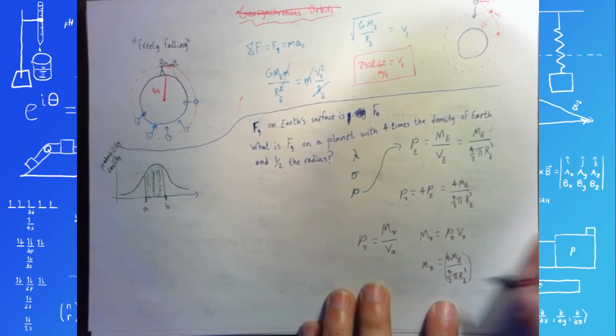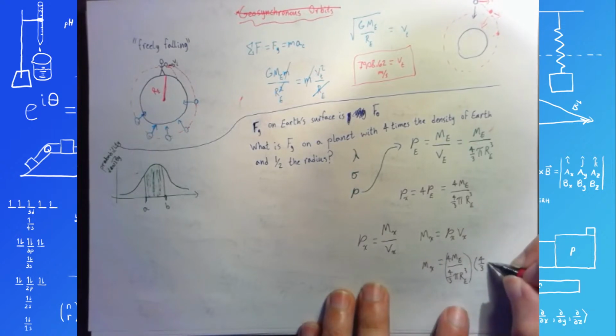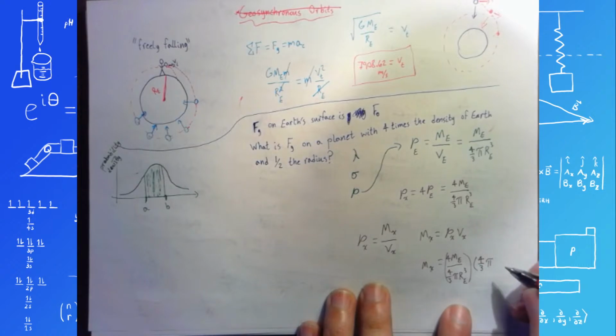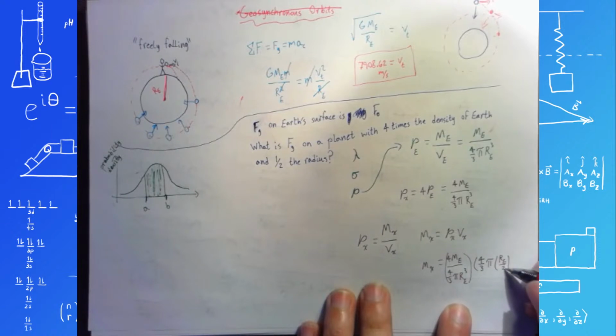That's what we got for the density of planet X. For the volume of planet X, we will assume that it's also spherical, so that's going to be 4/3 pi radius of planet X cubed. Well, the radius of planet X is the radius of Earth divided by 2, right? Half the radius. So radius Earth over 2 cubed.